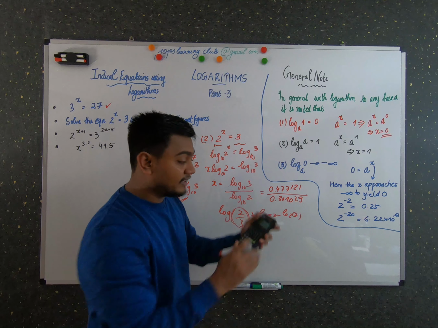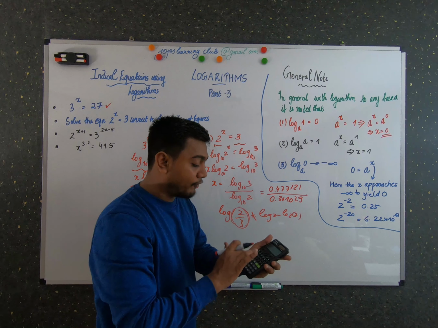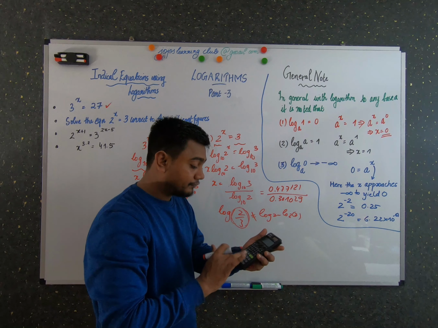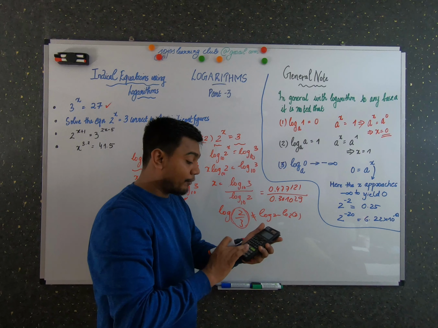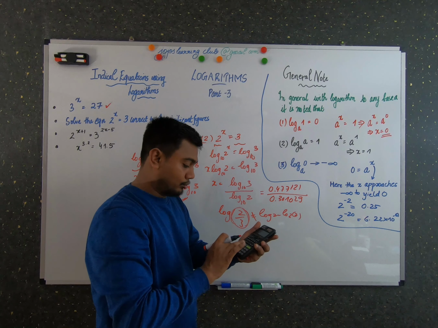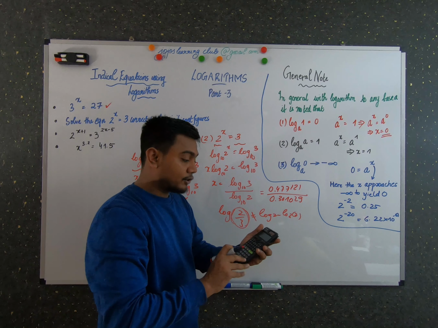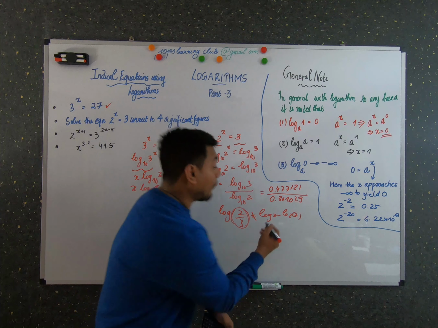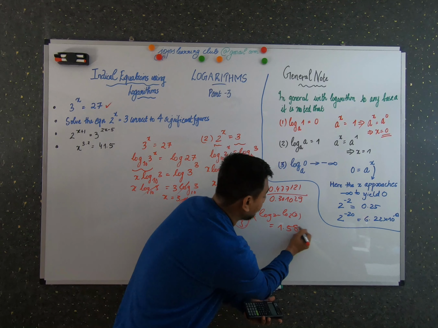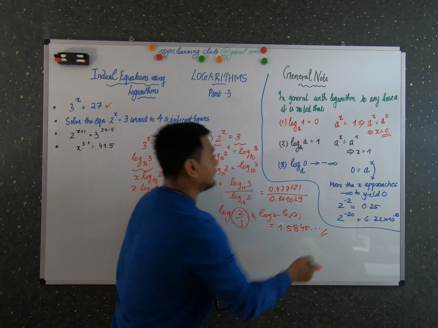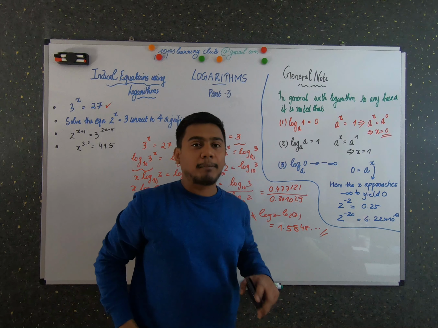So you have to find the separate answers by just doing 0.47712 divided by 0.301029. So let's see what the answer is. It is 1.5848 and so on. This is the answer for problem number 2.